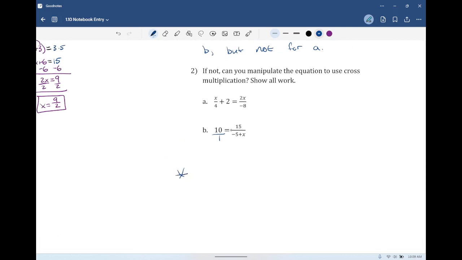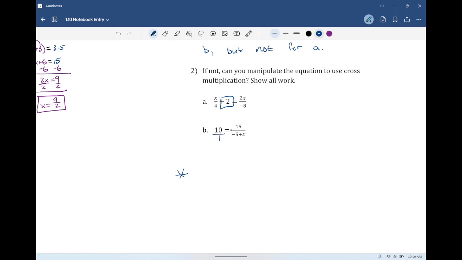Well, let's think about this. On B, we could quickly put a 1 under the 10 and it was totally fine. On A, it's not that simple. So what does A have that B does not, that stops us? Janaya. The plus 2.